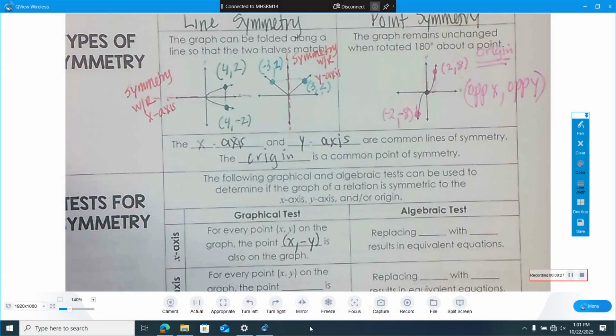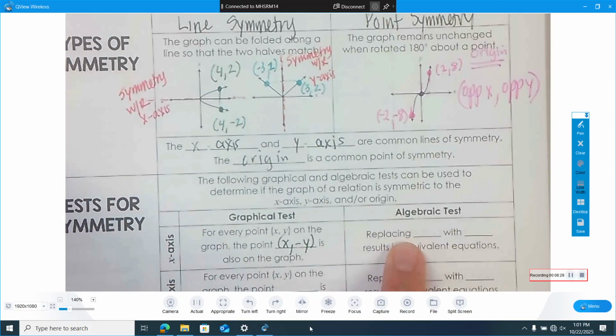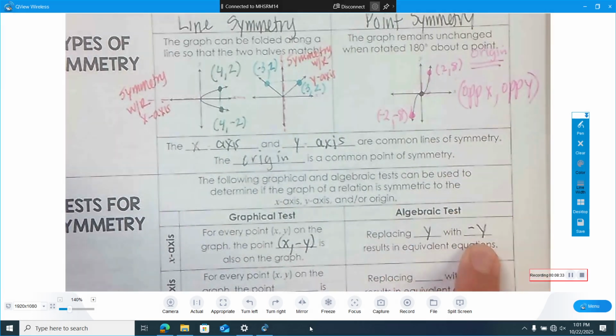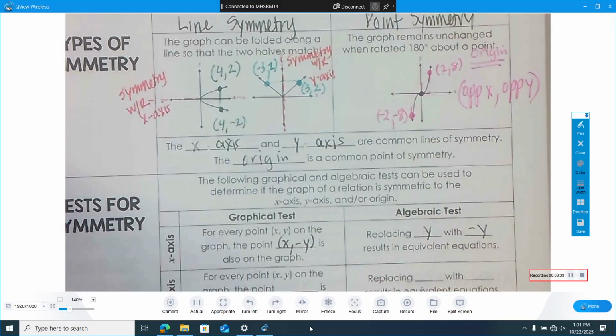So what we want to do to prove it is replace the y with the opposite, which would be negative y. And if we do that, we want to see that the equation matches what we started with, okay? Which is kind of interesting.